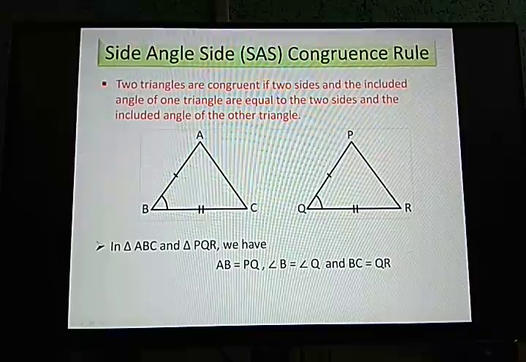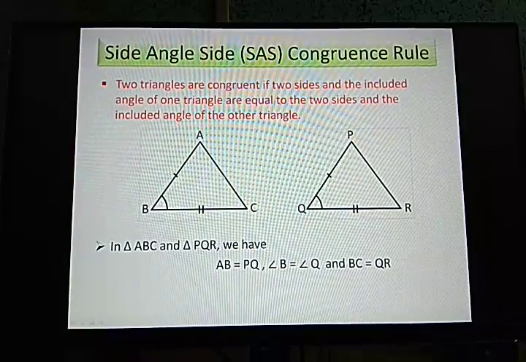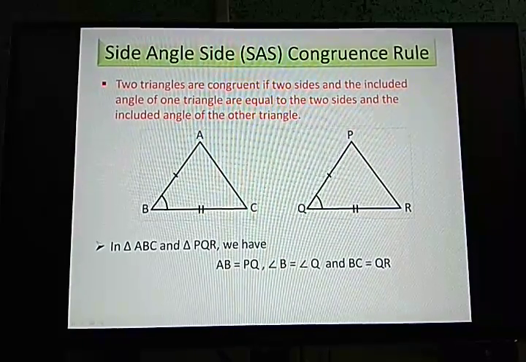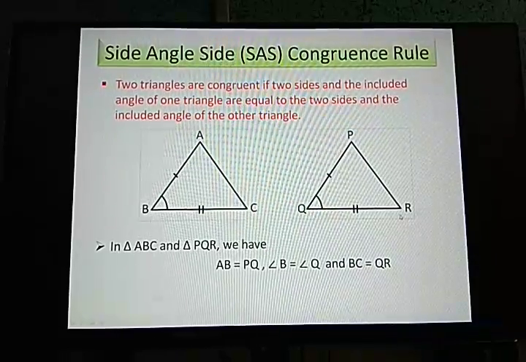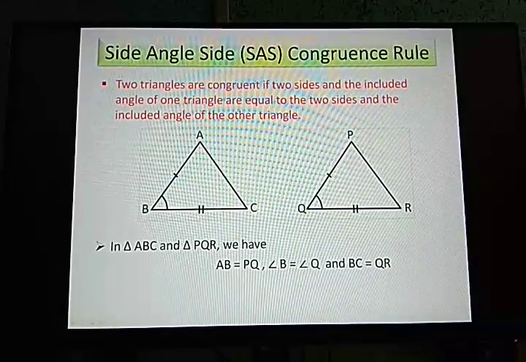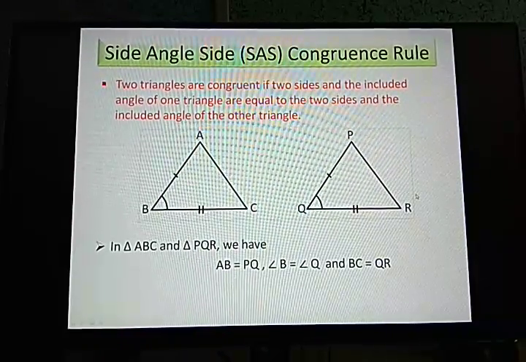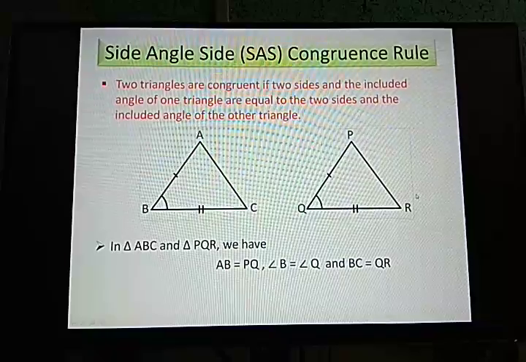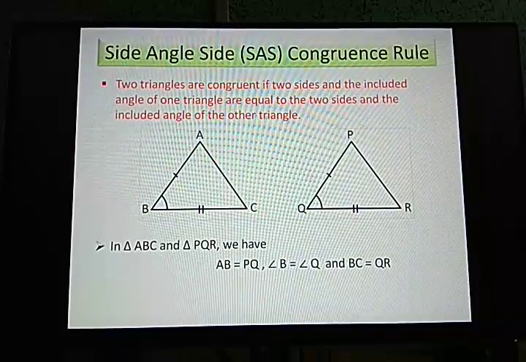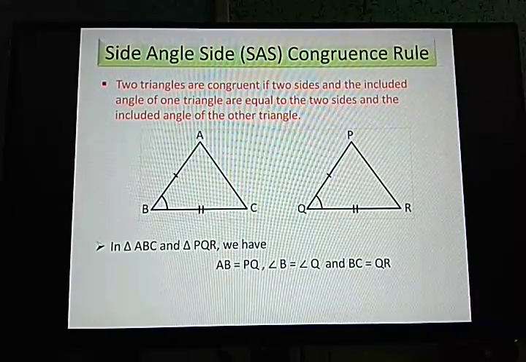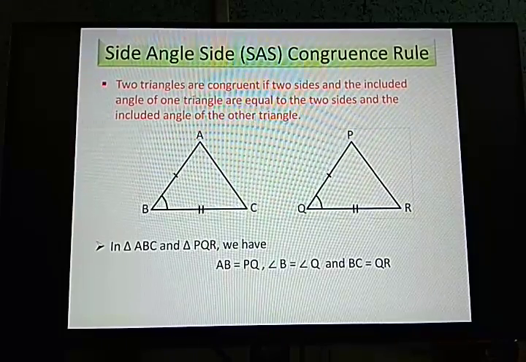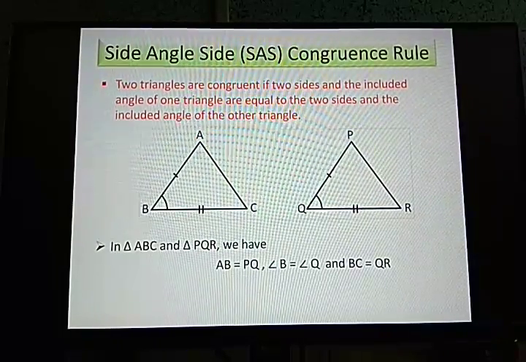Sometimes triple lines are also used. Say in this case, if I use a triple line on side AC and PR, then it will indicate that AC is equal to PR. Clear? So these are just used to indicate the corresponding parts. So this was all about the side angle side, or the SAS, congruence rule.